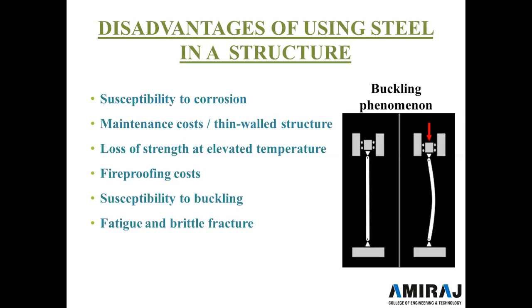In the end, tolerances specified for steel fabrication and erection are small compared to RCC structures. So these are the advantages and disadvantages of using steel in a structure compared to a concrete structure, right?